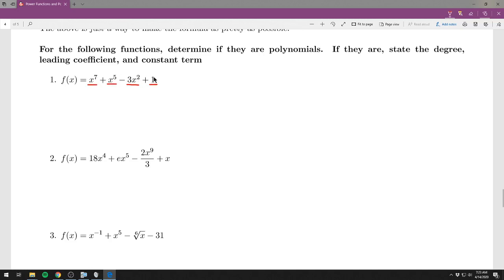We have a number by itself, which is fine. We know that means it's a degree 0 term. And all the numbers that multiply them are real numbers. So yes, it is a polynomial because every term is a power function.